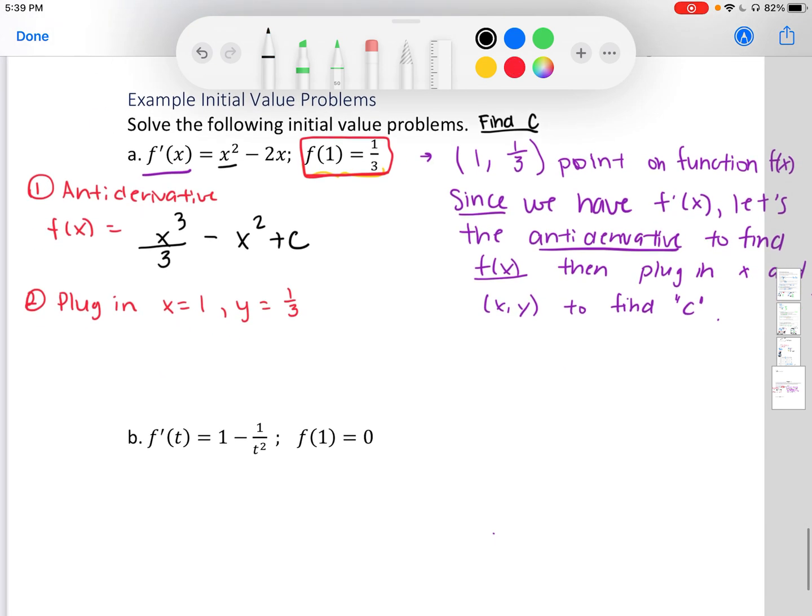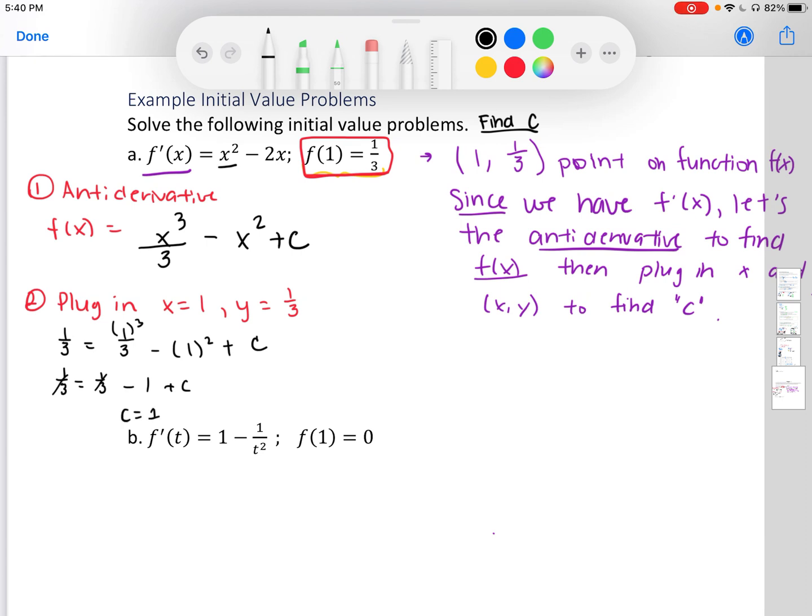Okay, if we plug that in, we get 1/3 equals 1/3 to the third power minus 1 squared plus c. That leaves our unknown only being c. All right, let's do some work. So I have 1/3 equals 1/3 minus 1 plus c. You subtract 1/3 from both sides. We move the 1 over.